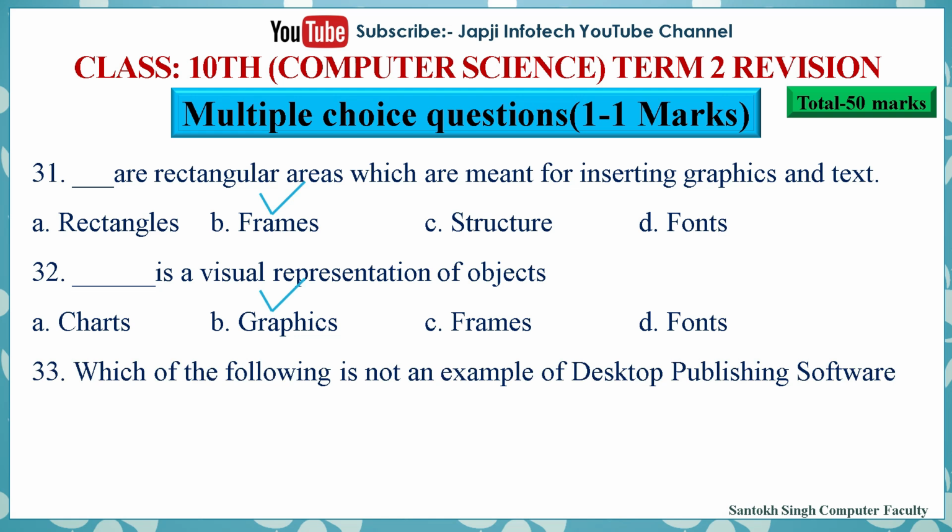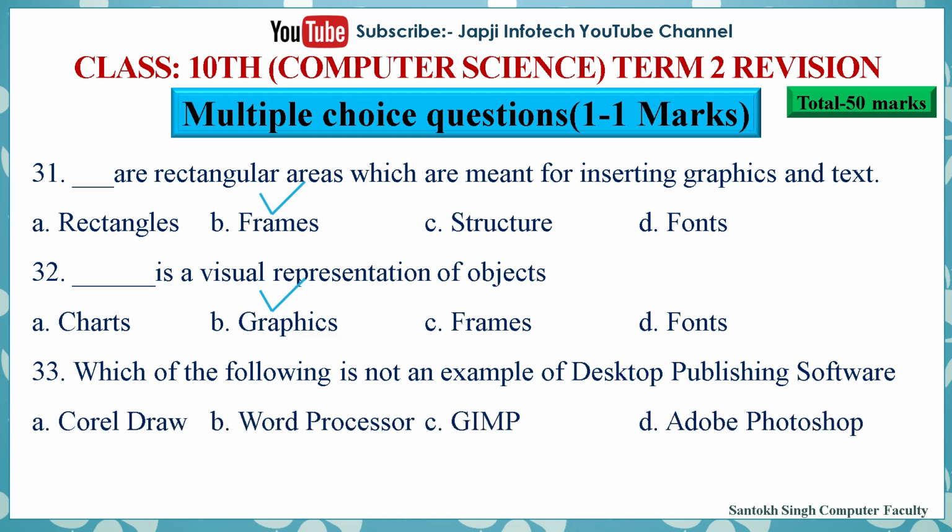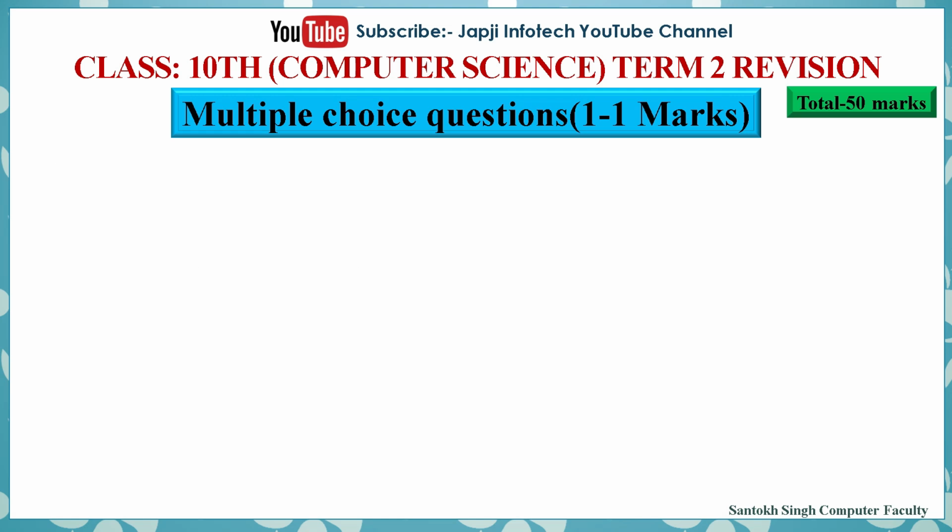And 33rd question is, which of the following is not an example of desktop publishing software? And the options are CorelDRAW, word processor, GIMP, and the last one is Adobe Photoshop. And the right answer is word processor is not an example of desktop publishing software.